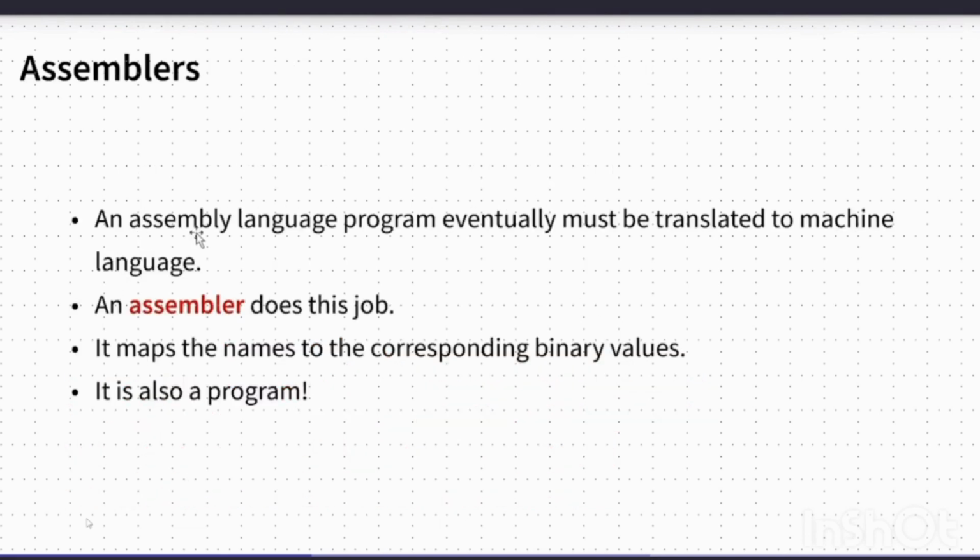An assembler is simply a system software. Assembly language eventually must be translated to machine language, and an assembler does this job. It maps the names to the corresponding binary values.